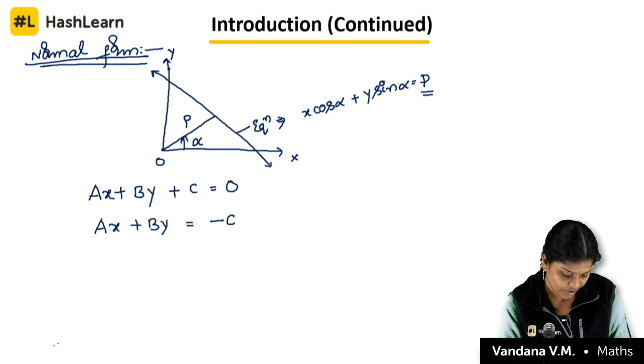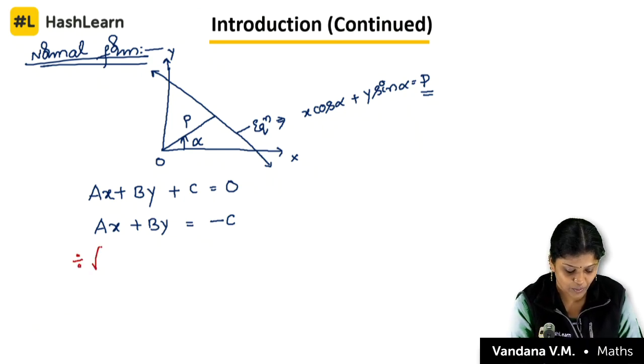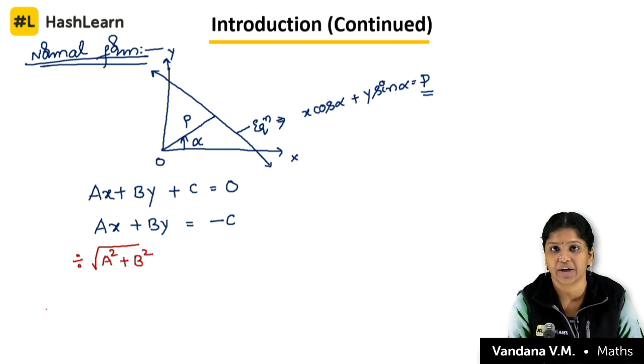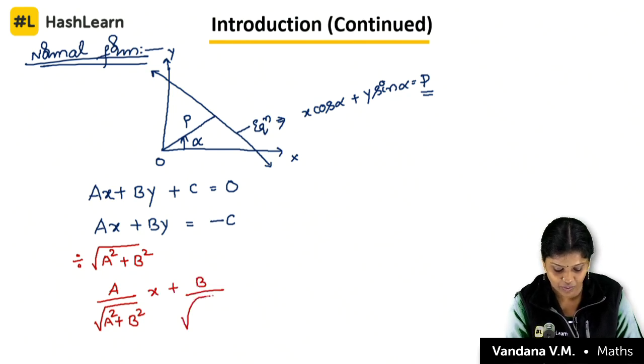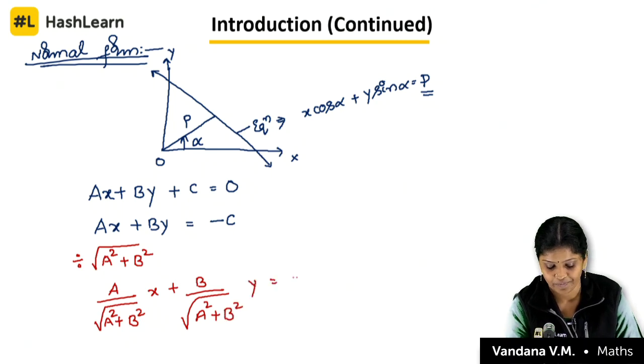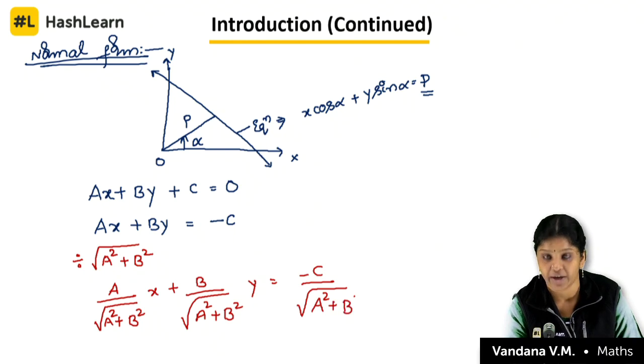After sending that, very important, you just divide with root of a square plus b square. This is a very important thing. Then it becomes a divided by root of a square plus b square into x, plus b divided by root of a square plus b square into y, equals minus c by root of a square plus b square.